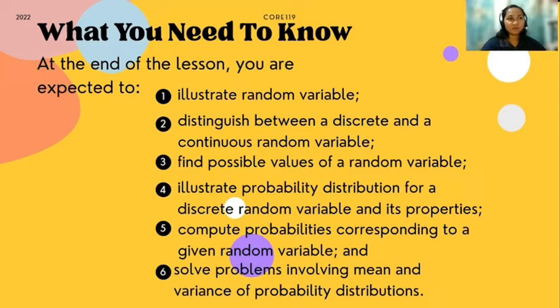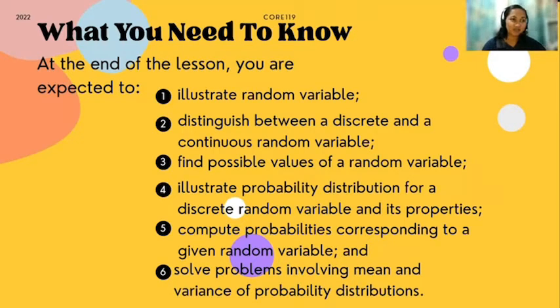For our first lesson in statistics and probability, we talked about random experiment. When we say random experiment, it is any well-defined process or procedure that produces an observable outcome that could not be predicted in advance.